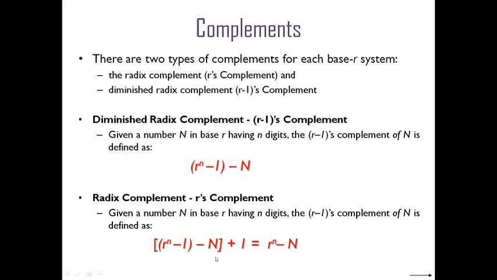That means this expression for R's complement is obtained simply by adding 1 to the R minus 1's complement. That means R's complement is equal to R minus 1's complement plus 1.